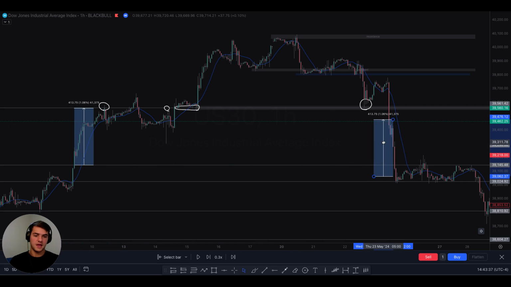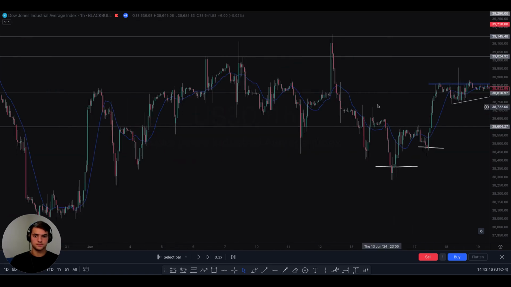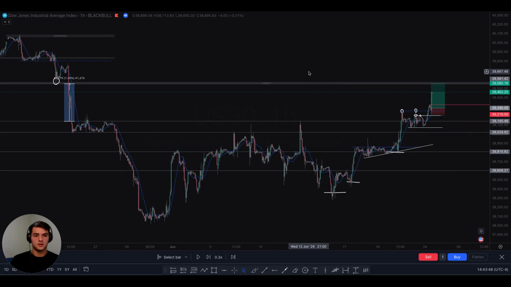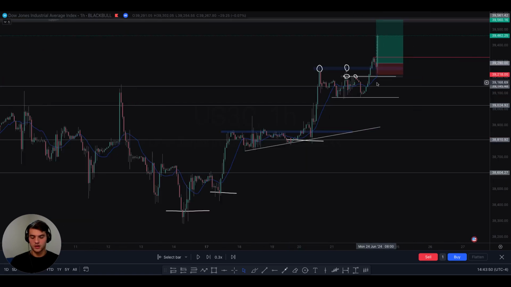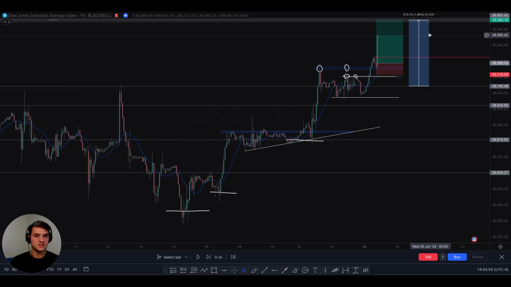We have a clean range, going up and then coming down, of course. And then, I was just waiting for price to come here and then repeat the same range from here to here.